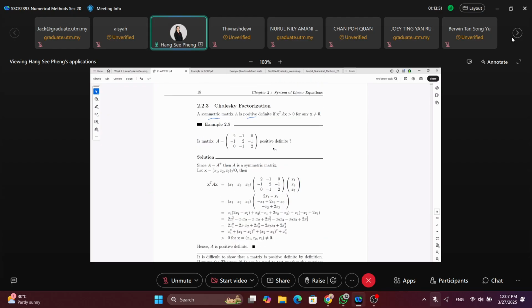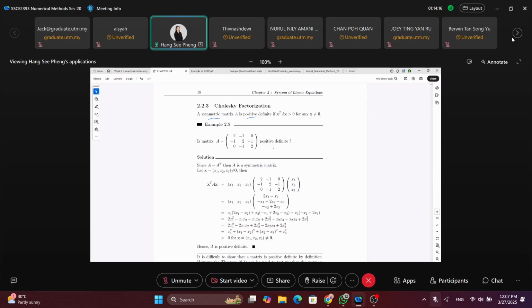To test it, we have this definition: if matrix A is a positive definite matrix, then the vector x, transpose of x, multiplied with A x, should be greater than 0, where the vector x is not equal to 0.